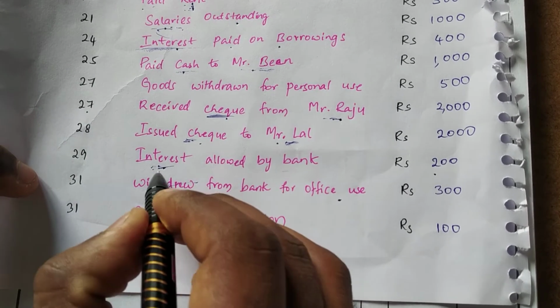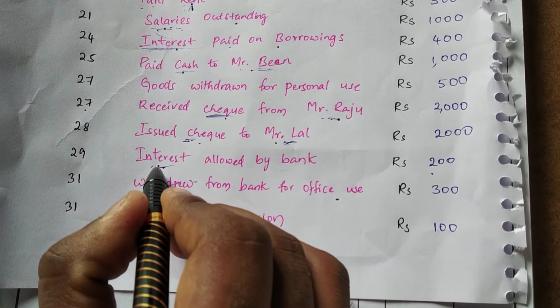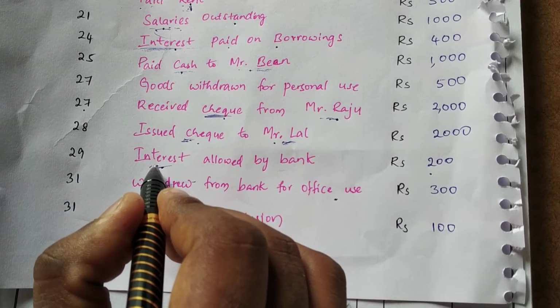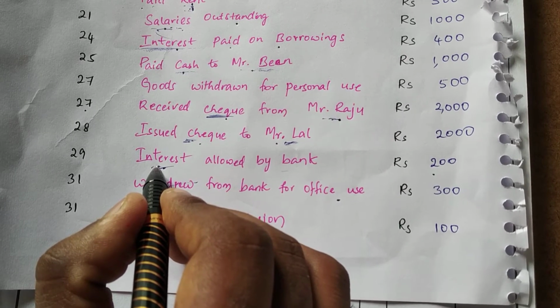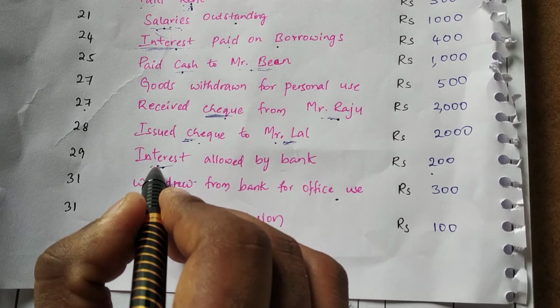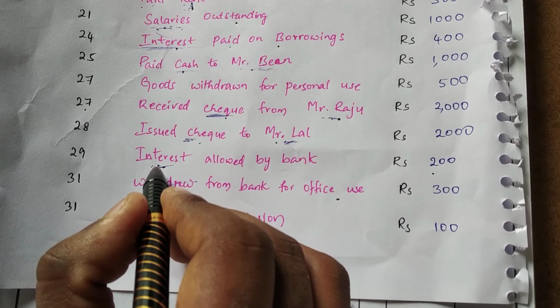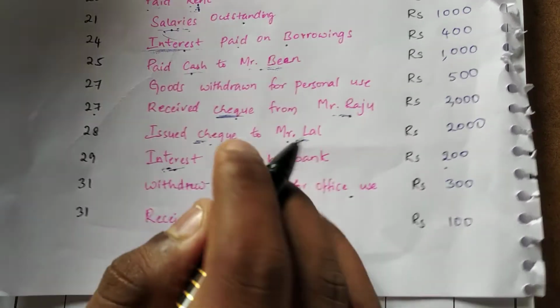Since our bank balance is going to increase, we are getting the amount in the bank balance. So bank is a personal account. We are receiving the amount. As per the personal account, we have to debit the bank account.